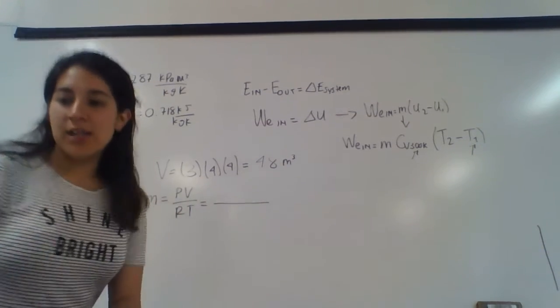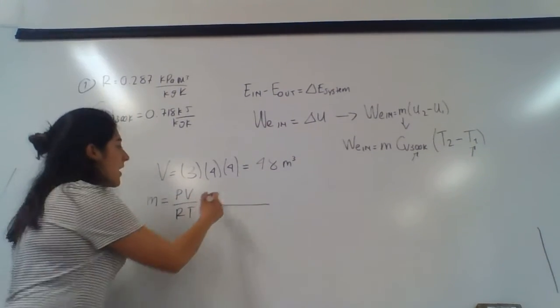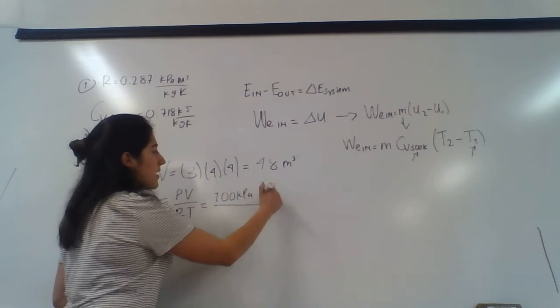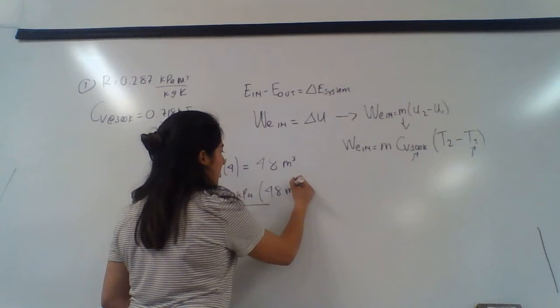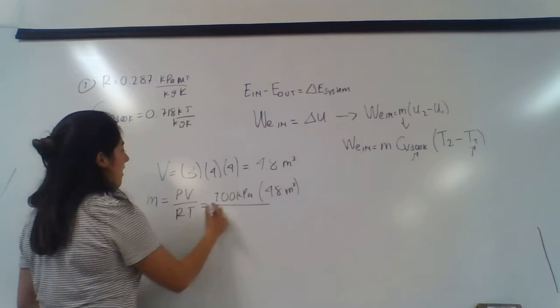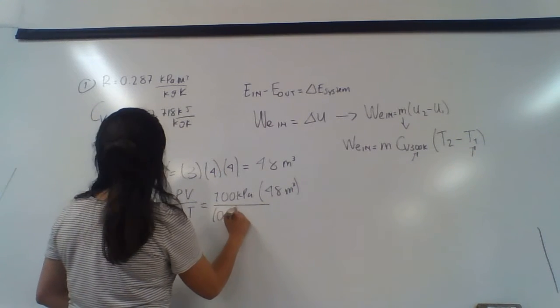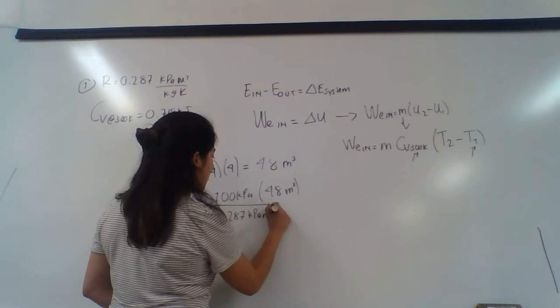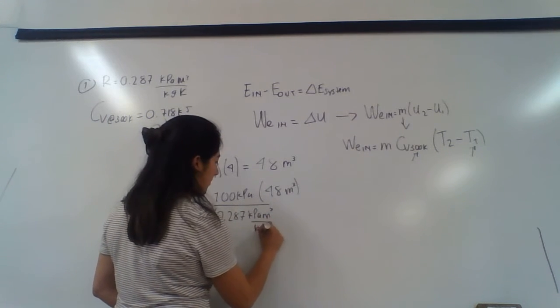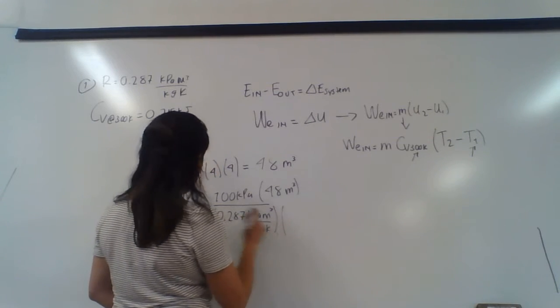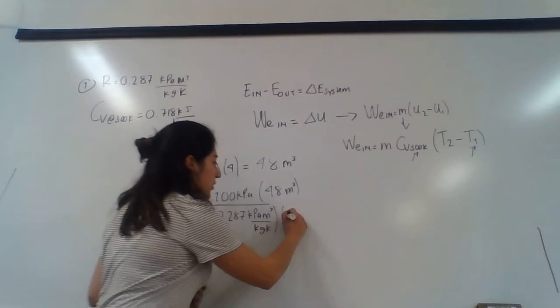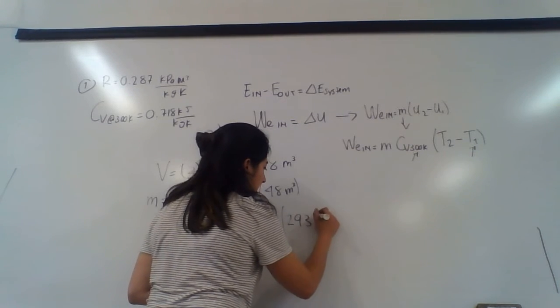We have a pressure of 100 kilopascals, the volume equals 48 cubic meters, R is 0.287 kilopascals cubic meters over kilogram Kelvin, and the temperature is 20 degrees Celsius, so it's 293 Kelvin.